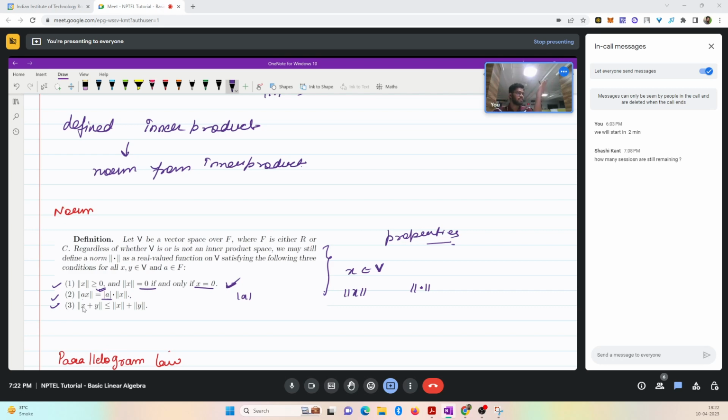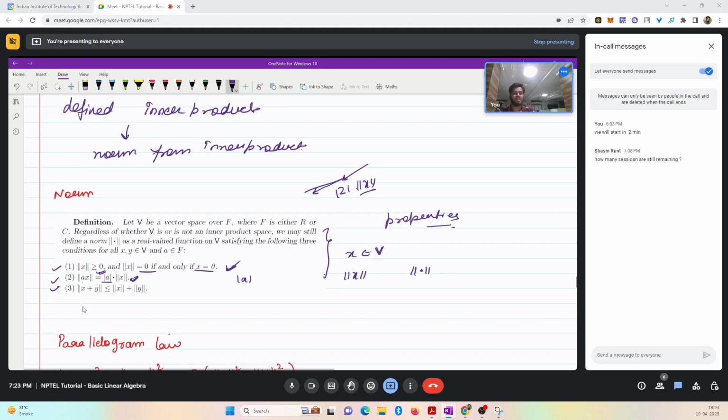Let's say you have a vector in this direction, but now you reverse the direction of the vector, and you twice took two vectors in the same direction. Then its length would be 2 times of length of this vector only, right? So this is the second property. And third one is something that is called as triangle inequality.